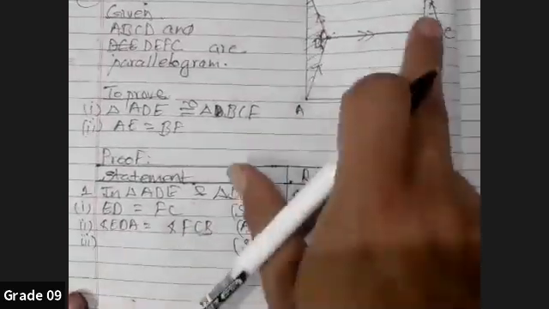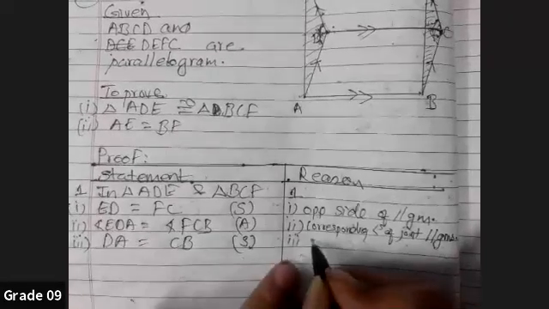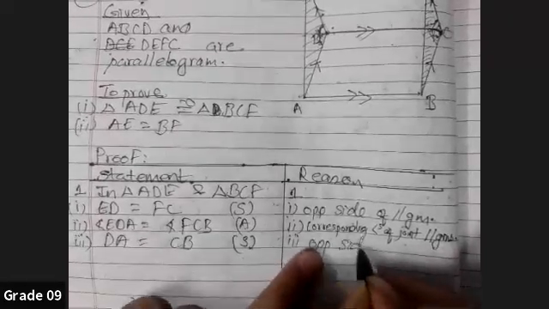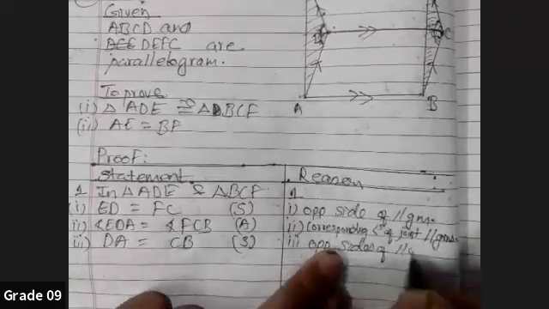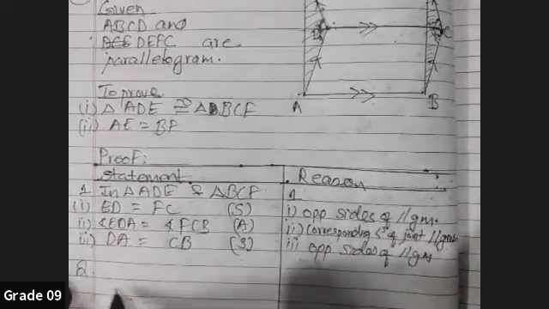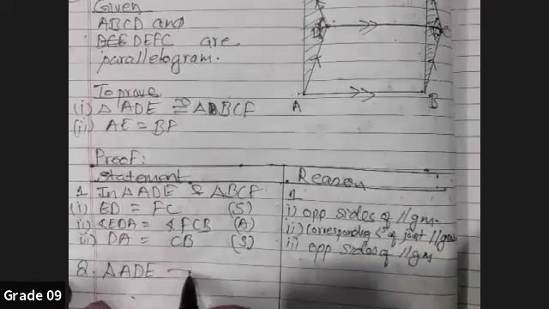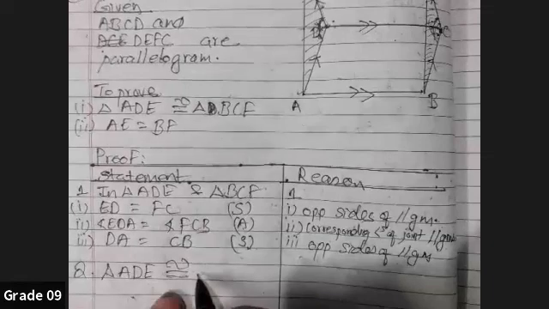And the last one is DA equals CB. The reason is again opposite sides of a parallelogram.